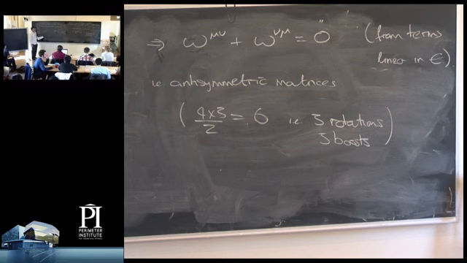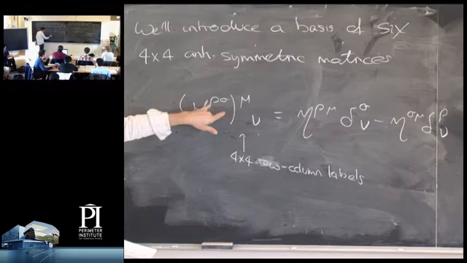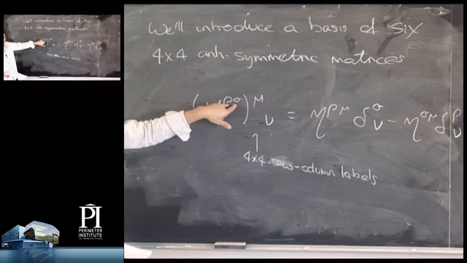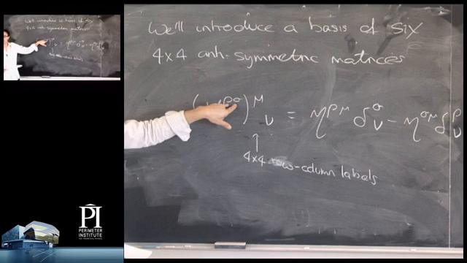Okay, so I need to explain the notation here. This is the 4x4 matrix labels, the row column labels of the matrix. Now this is a label that I could have written as, say, capital A that went from 1 to 6. So this is the label that's going to tell me which of the 6 matrices I've picked.